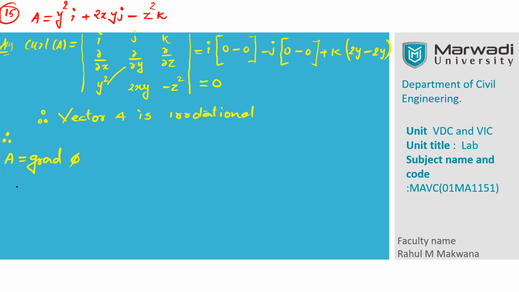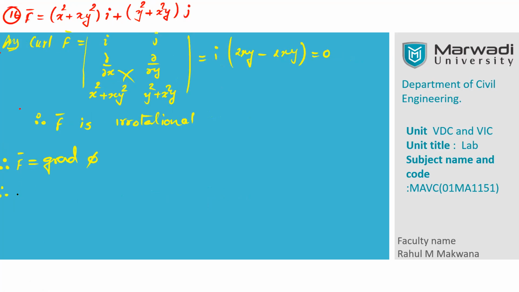So vector A, y square i, 2xy j, z square k is equals to the formula of gradient: del phi by del x, del phi by del y, k del phi by del z.